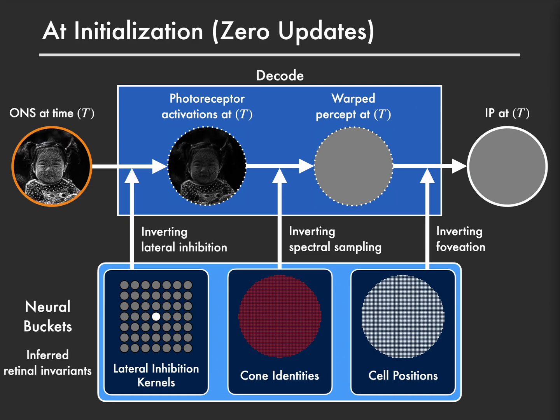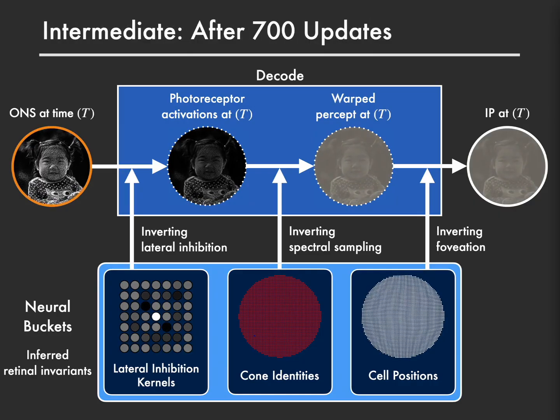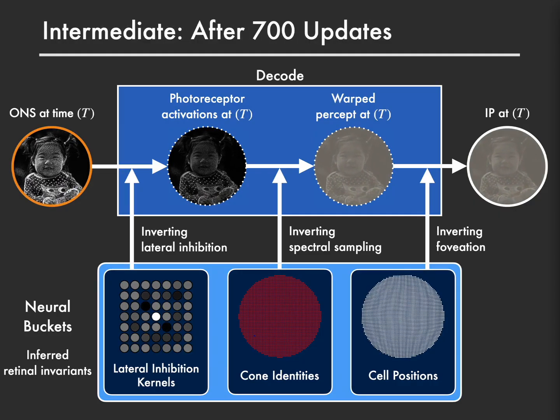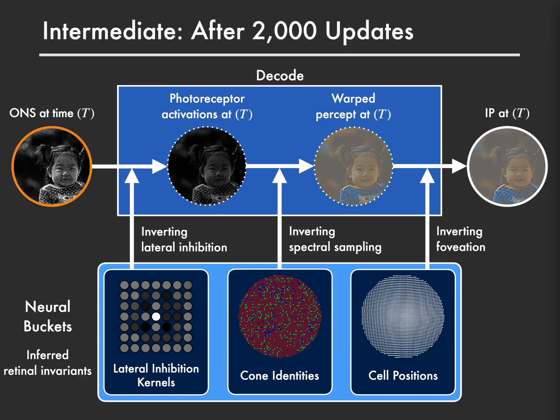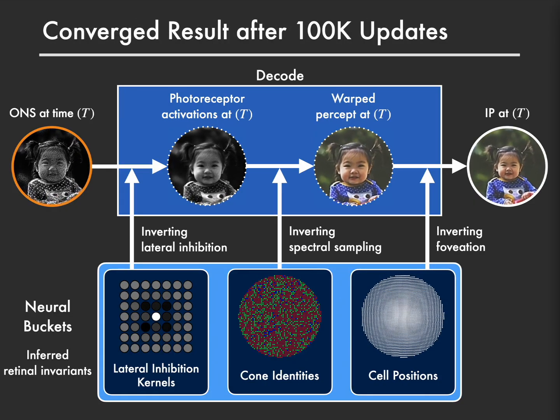Notice that the lateral inhibition kernels do not have any of the center-surround structure, the cone mosaic is all red, and the cell positions are uniformly spaced. What was happening behind the curtain over the course of training is that the invariant retinal properties are slowly but surely learned as the learning continues, and finally converge to a solution.